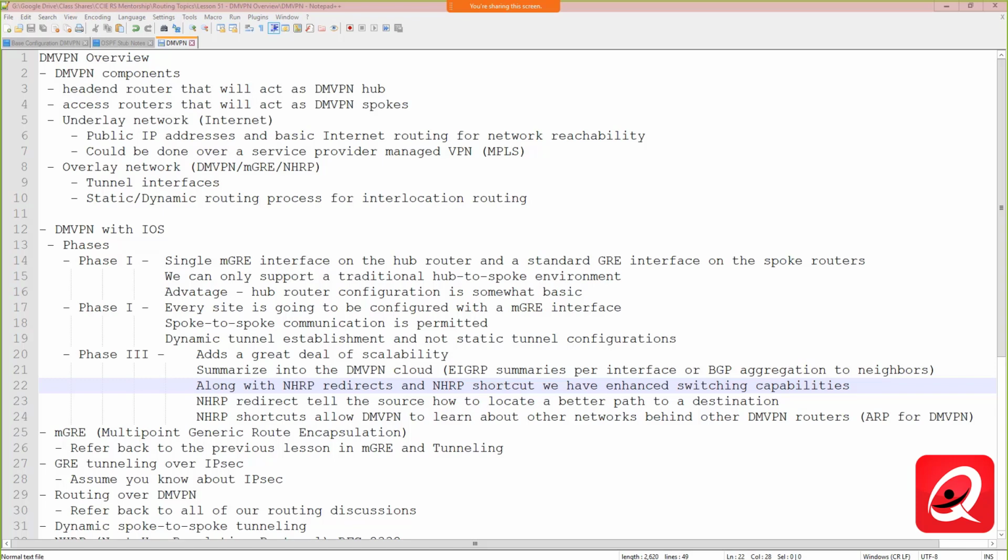In DMVPN phase 3, the next hop is always going to be the IP address of the hub, and we'll take a look at that part of it as well when we get into the lesson dedicated to DMVPN phase 3 and its functionality.